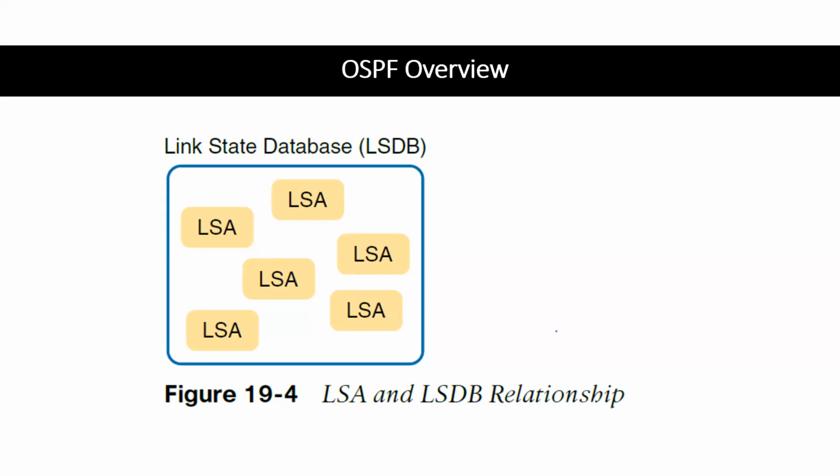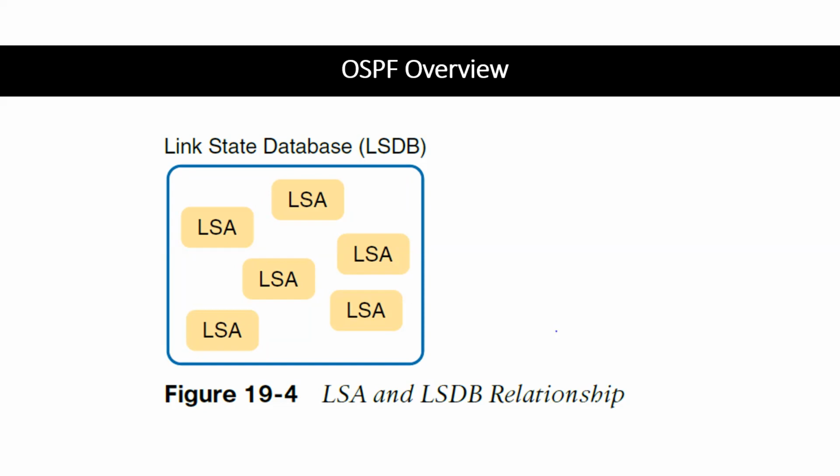Flood information to all routers, everybody in the same area, everybody in the same subnet. There are some prerequisites it has to meet. Why? Because it's trying to build out its entire topology and share that information with the entire area.